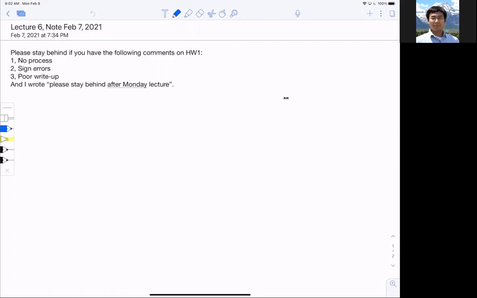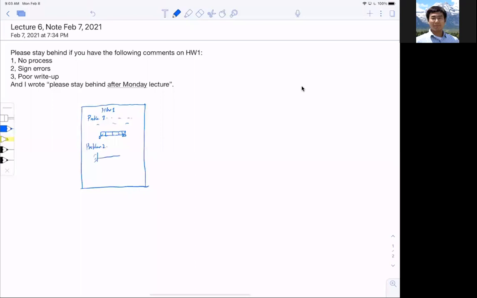But there are some general observations I have, and I want us to be more detail oriented. First of all, I see people writing this, which is definitely an interesting approach. I gave you the homework PDF form, so there's problem number 1 with a drawing, for example a distributed load, asking you to draw a diagram, and problem number 2, a cantilever beam, and problem number 3 asking what is grade 60, what is a compression test, and so on and so forth.